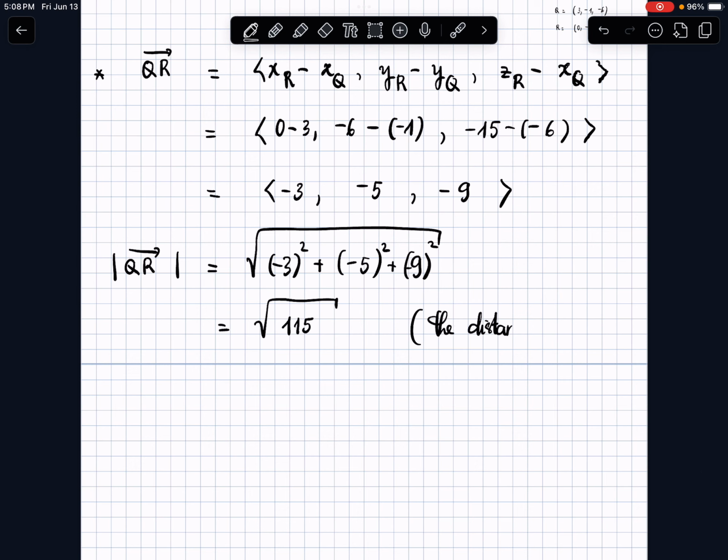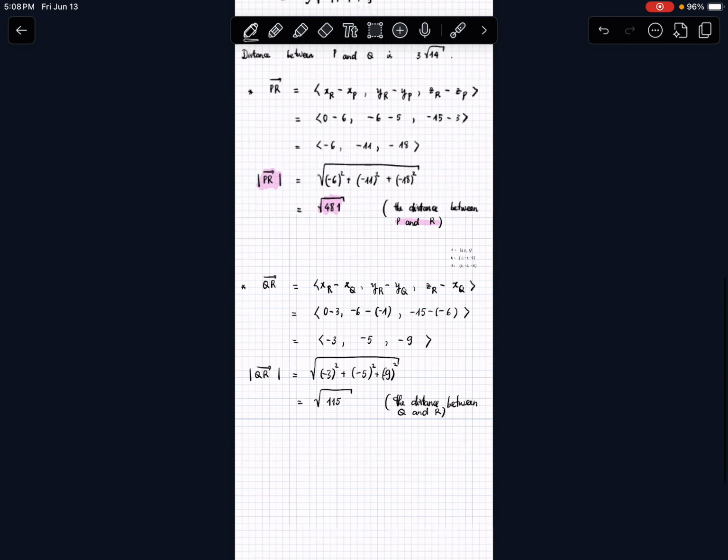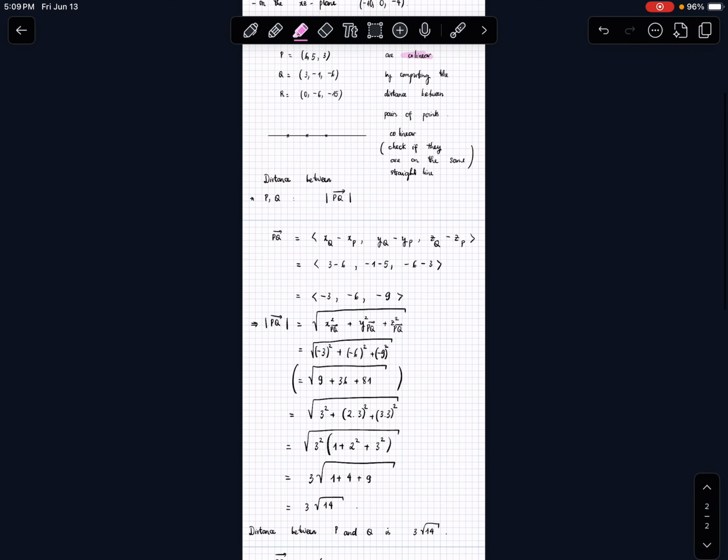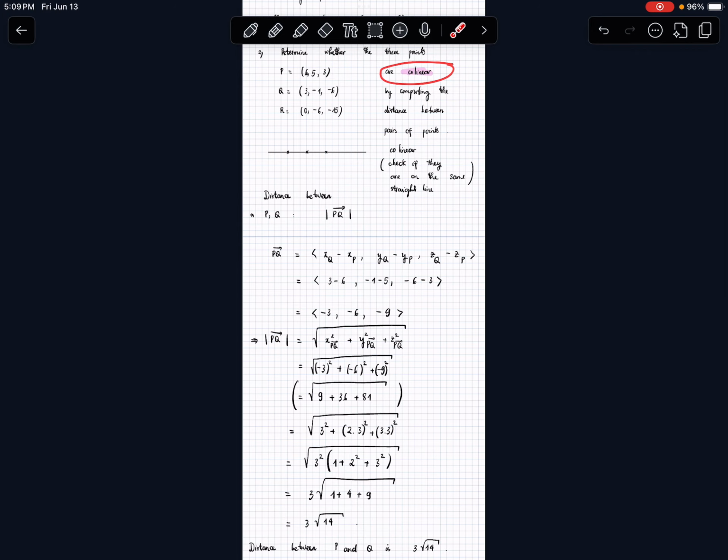Okay, so now we have computed the 3 distances. Now we check whether the 3 points are collinear.